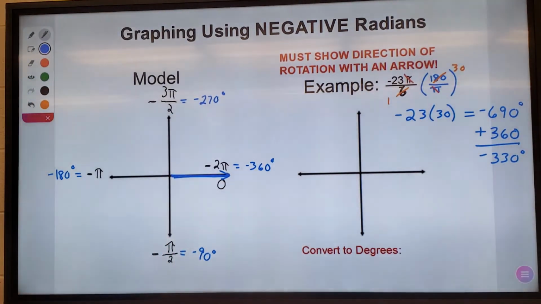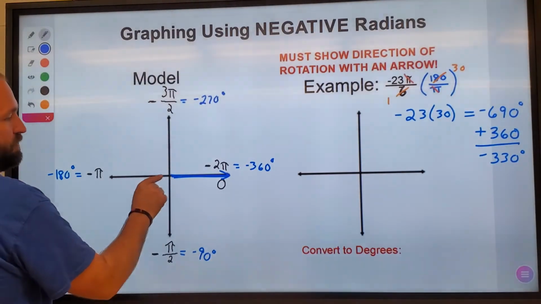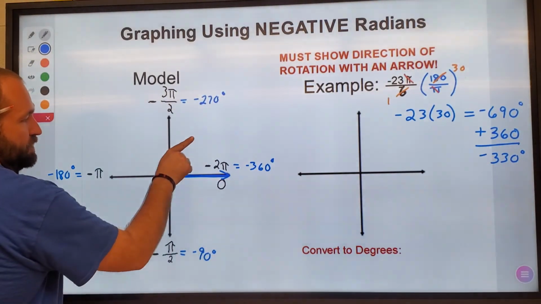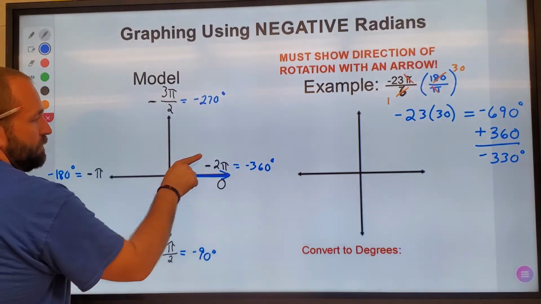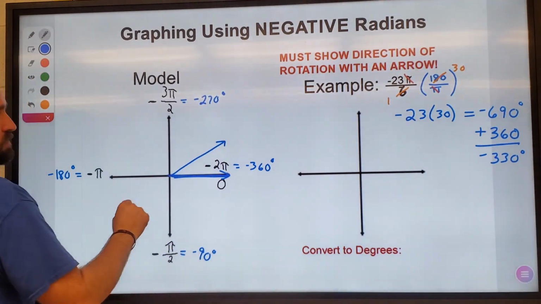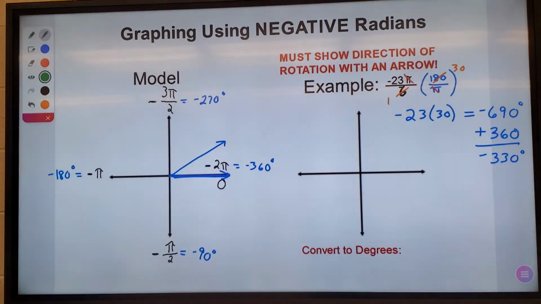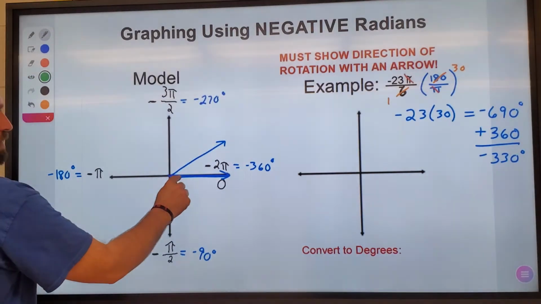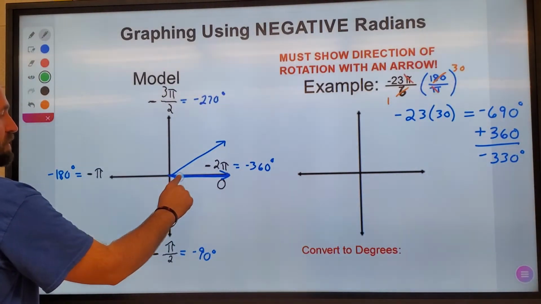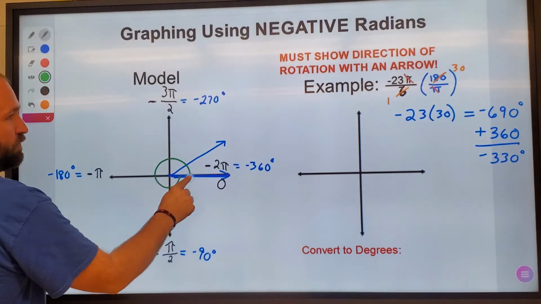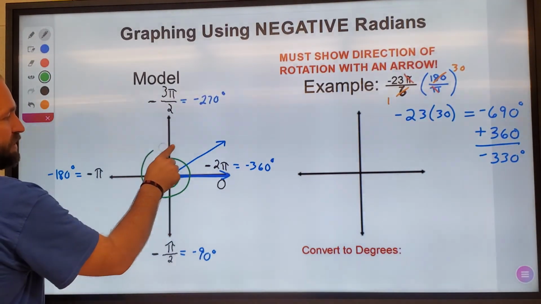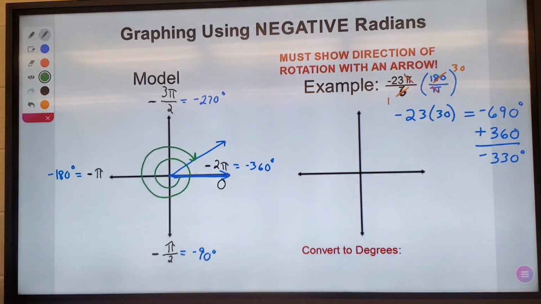My terminal side is now negative 330 degrees, which is only 30 degrees off of here. So again, 45 degrees is directly in the middle. I don't want to go that far. Okay, and then I have one full rotation and my extras. So I start here. It's negative, I go down first, coming around, I have one full rotation, and then I finish it out. And then there.